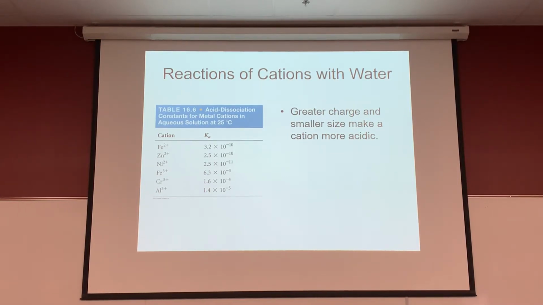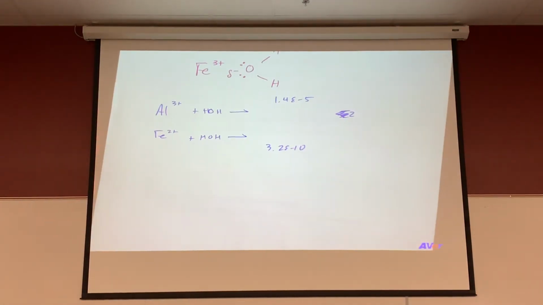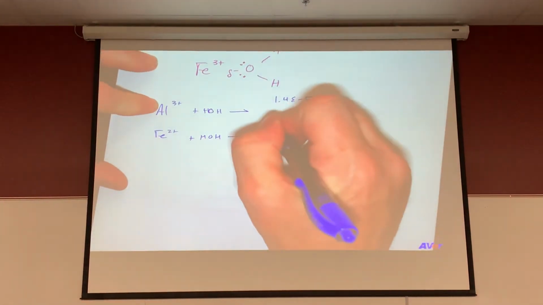So if I draw a couple of these without those big hydrated structures, you're looking at something like this.